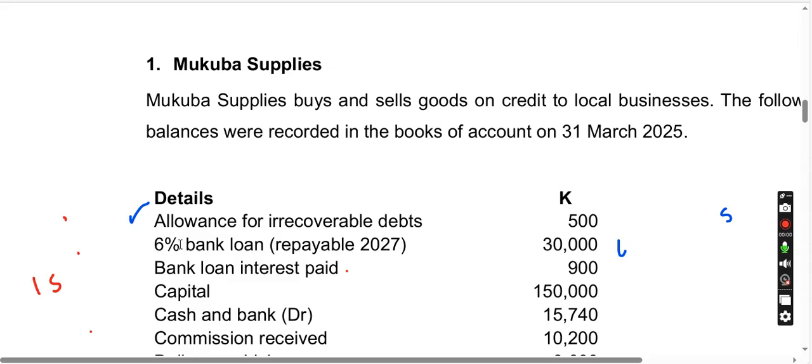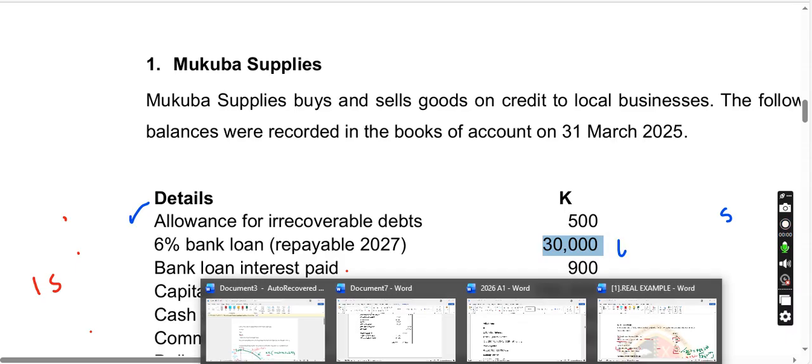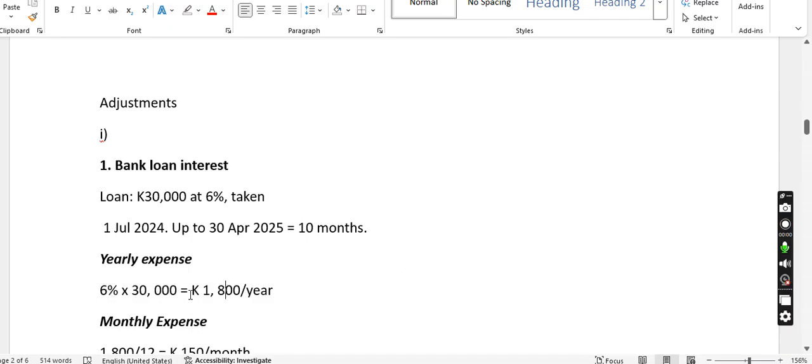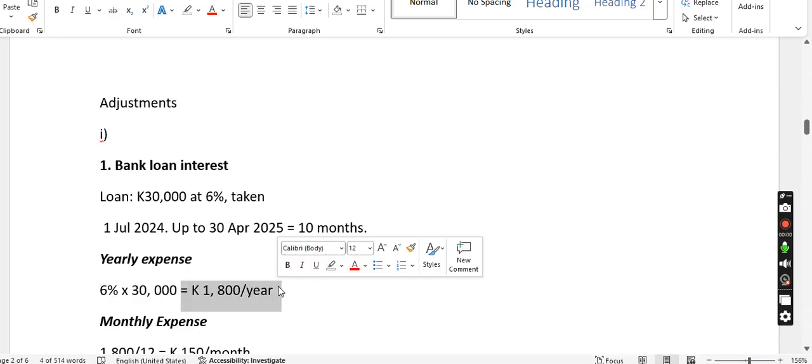So this is the interest rate, 6%, and the amount is 30,000. So you find out what is the yearly charge. So 6% of 30,000, that's 1,800 kwacha per year. That's how much interest we need to pay per year.